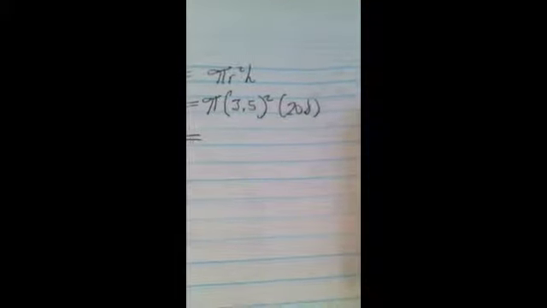So pi times 3.5 squared times 20.8 is giving us 800.4778. And then each sphere has a volume of 4/3 pi r cubed.